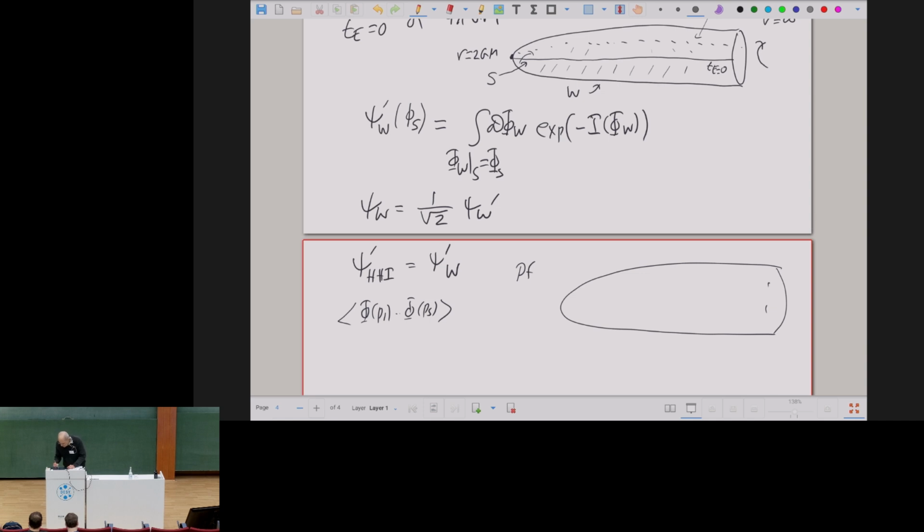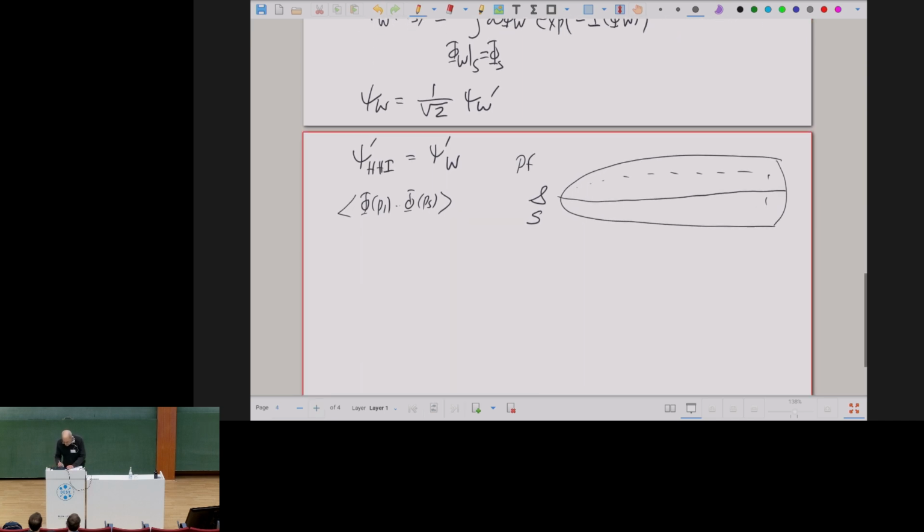Well, we first consider the case that the correlators are all inserted on the surface S. Then if the operators are all inserted on the surface S, the argument I gave yesterday was as follows.